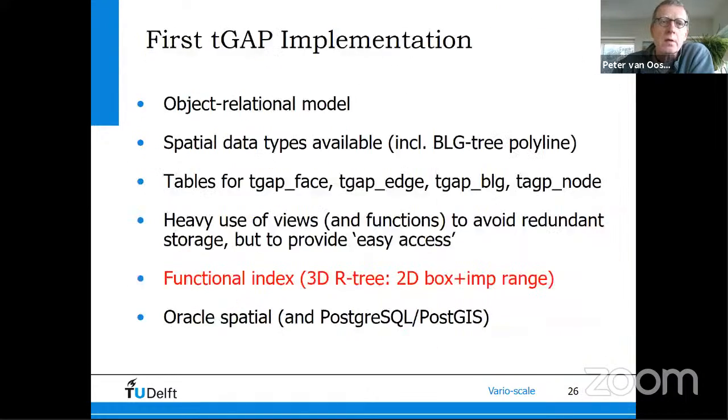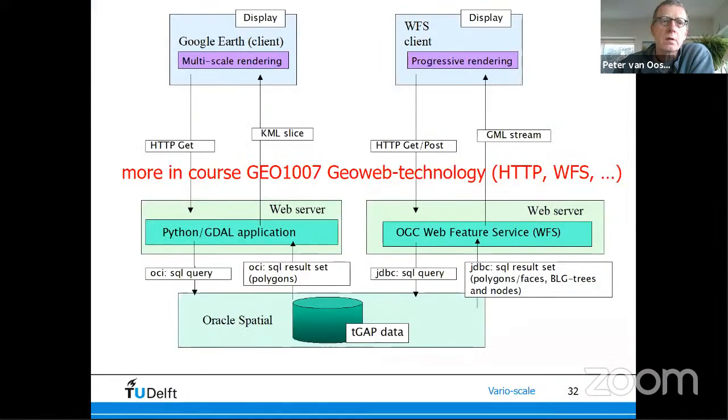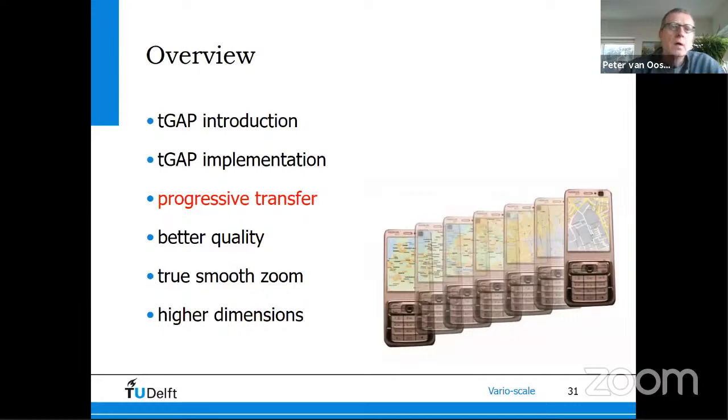Okay, let's quickly go to the new part, progressive data transfer. This has to do with the internet, the web, the World Wide Web. Many people are using maps on their smartphone or on their laptop or tablet, and not so much on paper anymore.